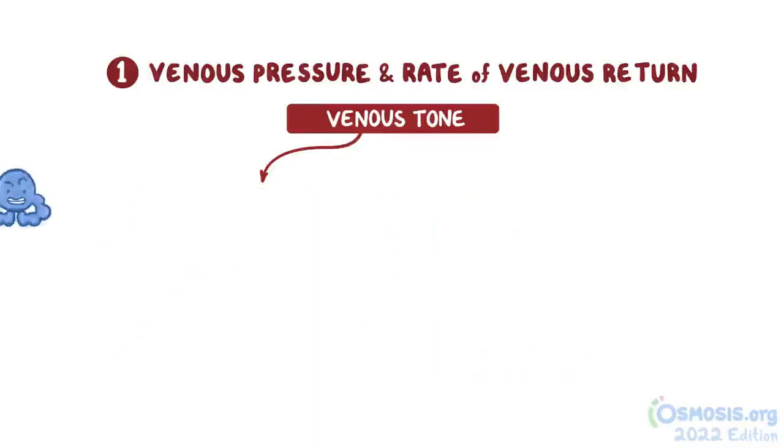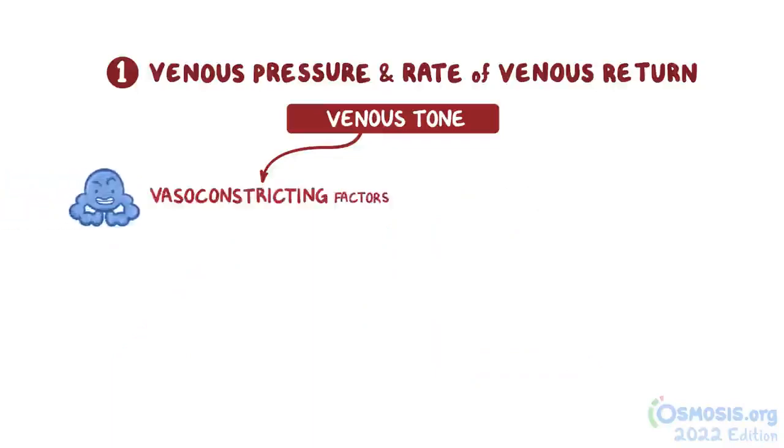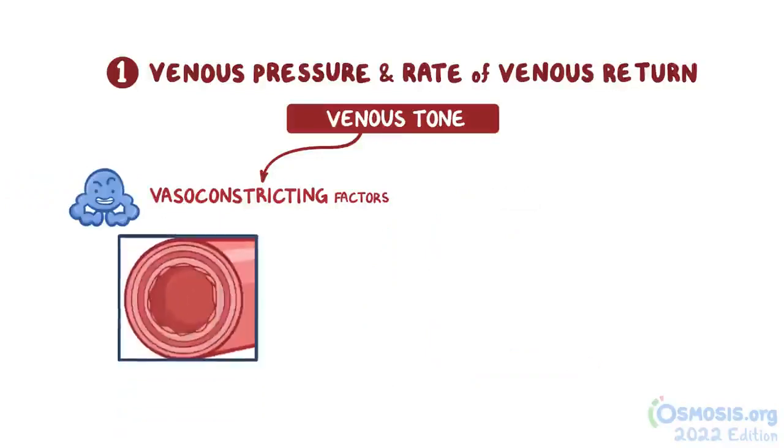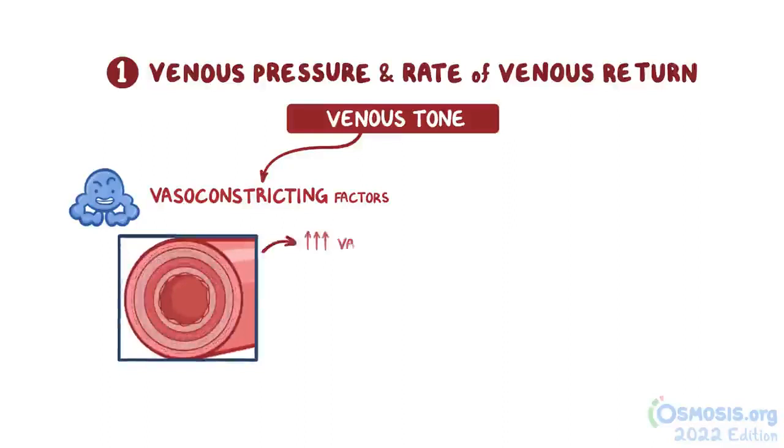On the other hand, vasoconstricting factors, such as sympathetic stimulation during the fight or flight response, constrict smooth muscle cells within the vessel walls, thereby increasing the vascular tone of the veins. This results in an increased venous return to the heart.